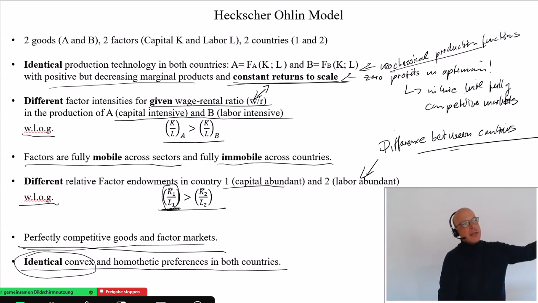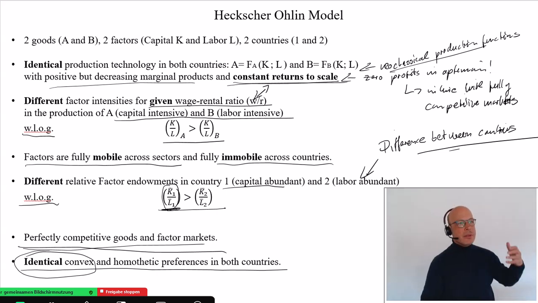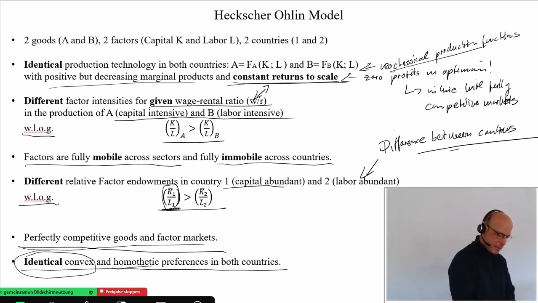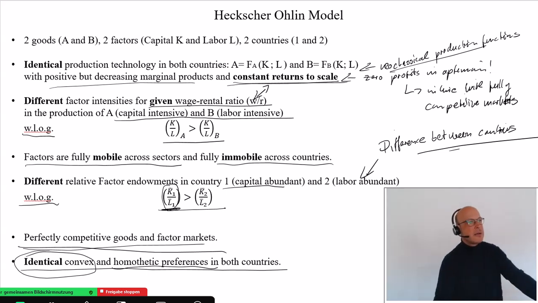So from there we derive more or less the demand for our goods A and B, and these preferences should also be homothetic. Have you talked about homothetic preferences in micro? What is meant by this?